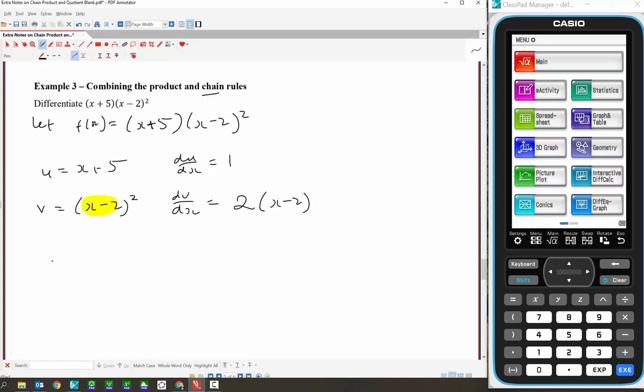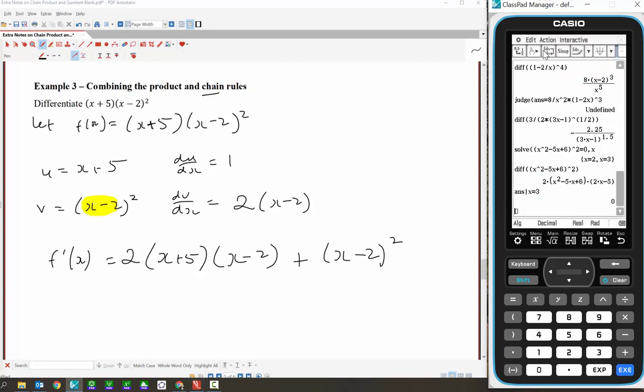Okay, now we're ready to get f dash x equals u dv dx, so it's going to be 2 x plus 5 x take 2 plus v du dx, x take 2 all squared. Alright, so just out of curiosity, I'll just see how the calculator has done this.